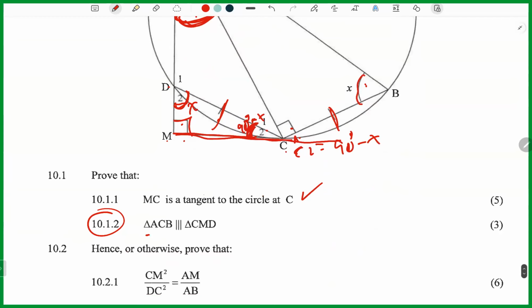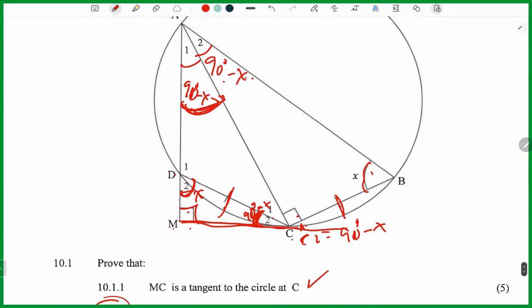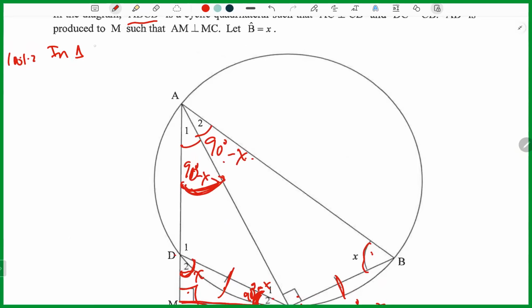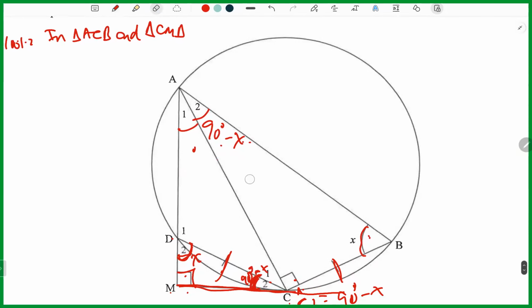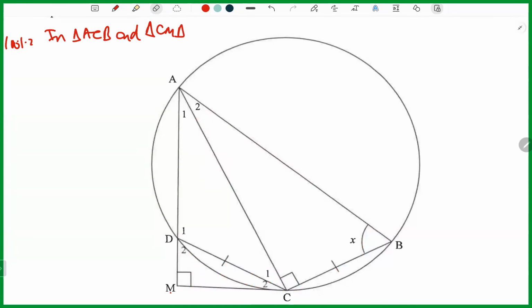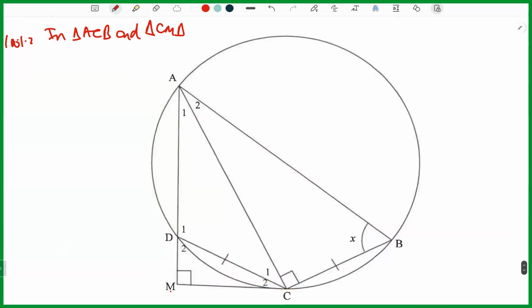So at this point, we're going to work in triangle ACB and triangle CMD. So you tell the examiner, in triangle ACB and triangle CMD, we can see that angle B is equal to angle D2 and it's equal to x.